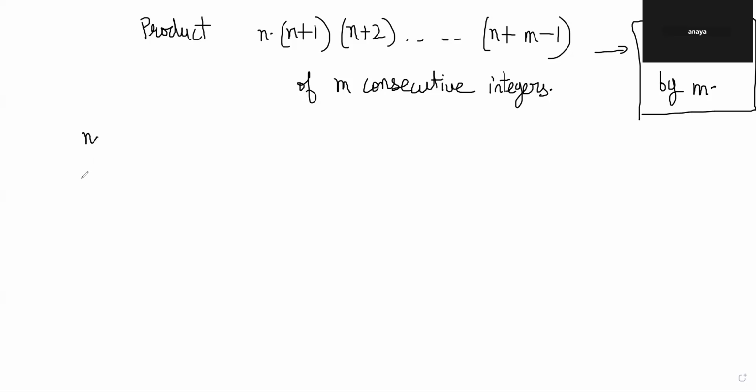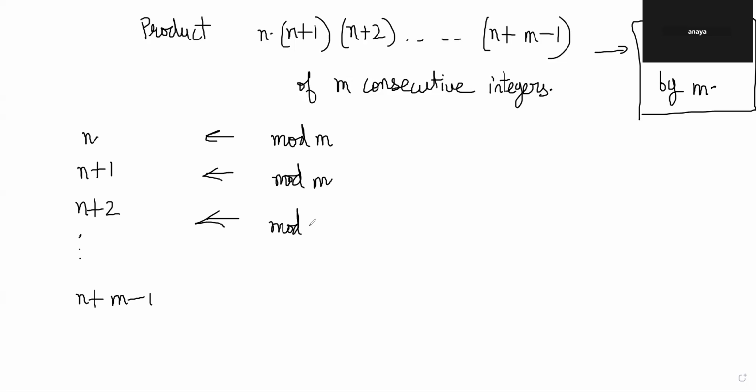Basically, we have to look at these m integers, and think of all of these integers modulo m, right? Now, when you do modulo m of anything, the remainders can be anything from 0 to m minus 1, right? These are the possible remainders. So obviously, they can't all leave remainders 1 to m minus 1, because that is only m minus 1 of them.